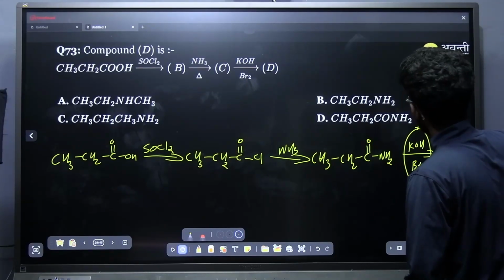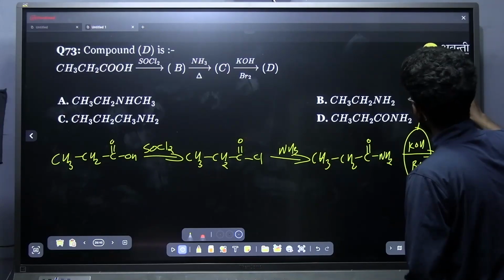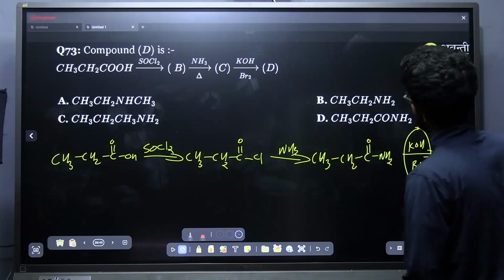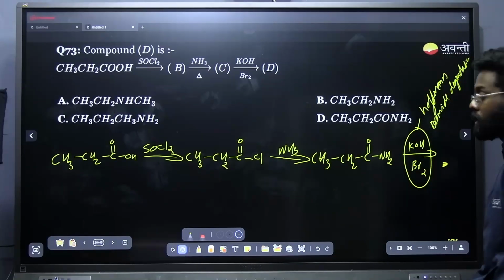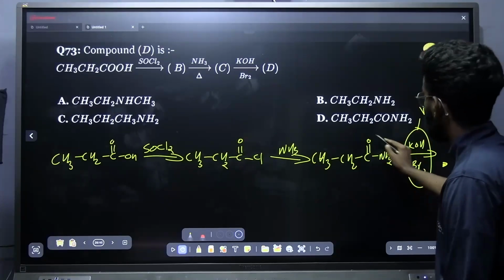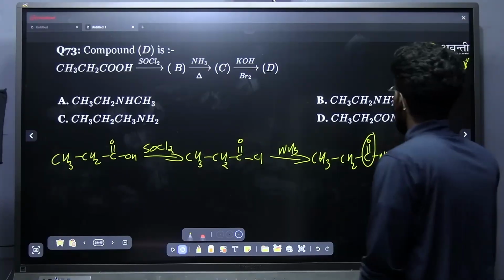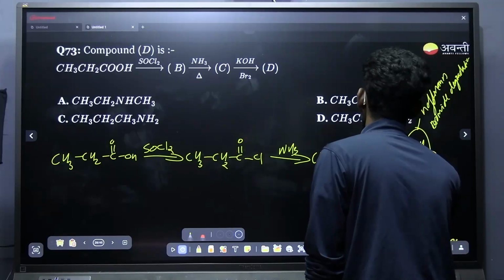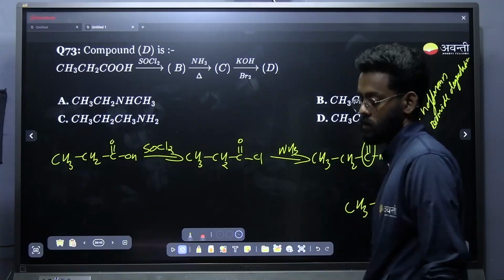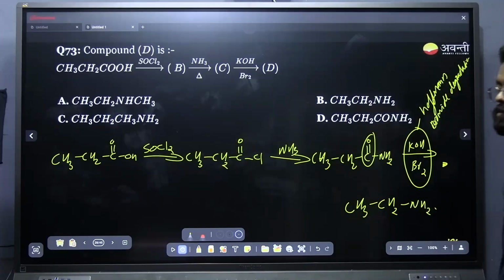Yeah, very good, Hoffmann bromamide degradation. Hoffmann bromamide degradation will convert this amide to an amine with one carbon less. So this carbon will be eliminated and we will get the answer. CH3 CH2 NH2 is going to be the answer. Got it, everyone? Shall I move to the next question?